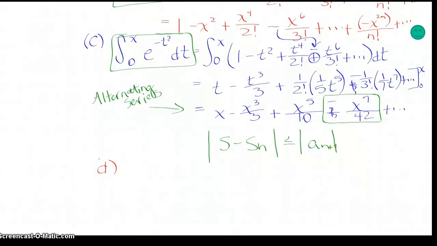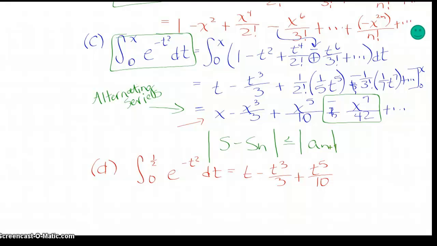So part D says we have from 0 to 1/2 e to the negative t squared dt. And what we found here is the antiderivative, which was t minus t cubed over 3 plus t to the 5th over 10 minus t to the 7th over 42. And instead of evaluating it from 0 to x, we're evaluating it from 0 to 1/2.